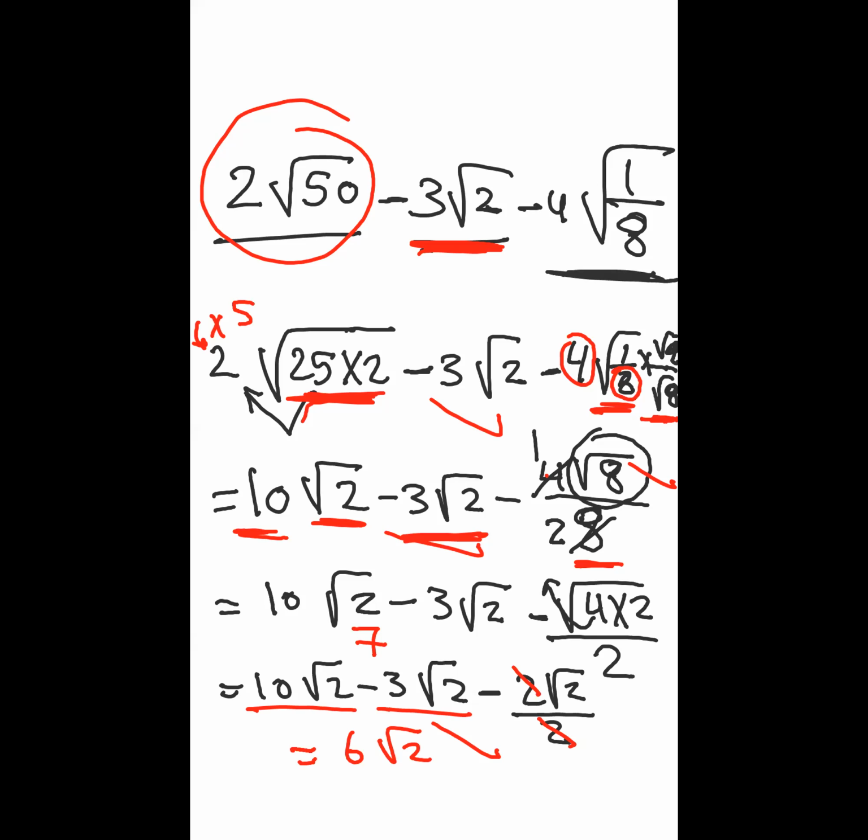Then I simplified also the square root of 8, which is equal to the square root of 4 times 2. Then the square root of 4 will equal 2, so 2 square root of 2 over 2. Then I removed the 2 with that 2 in the numerator and the denominator. So right now it becomes 10 square root of 2 minus 3 square root of 2 minus square root of 2. So it will equal 6 square root of 2.